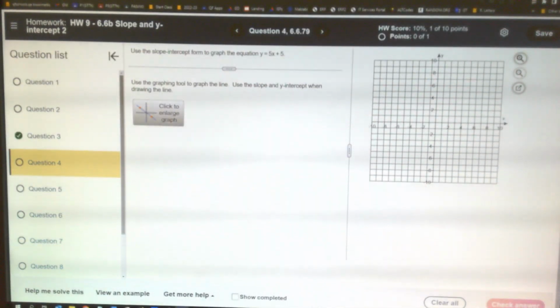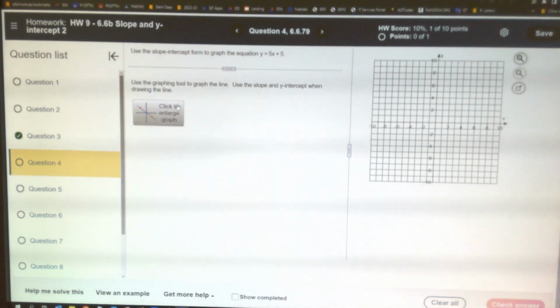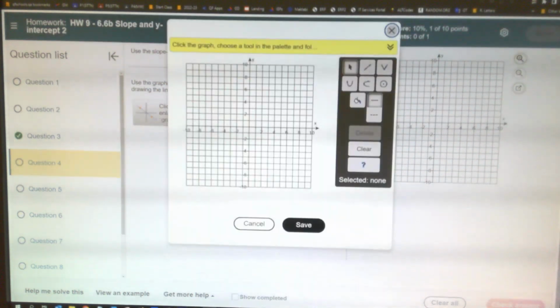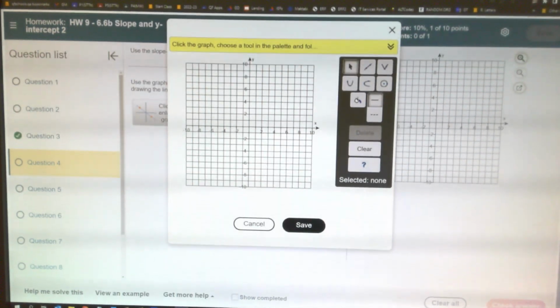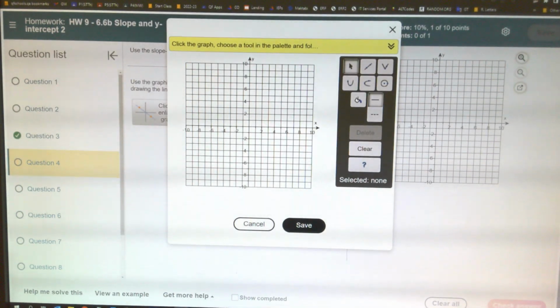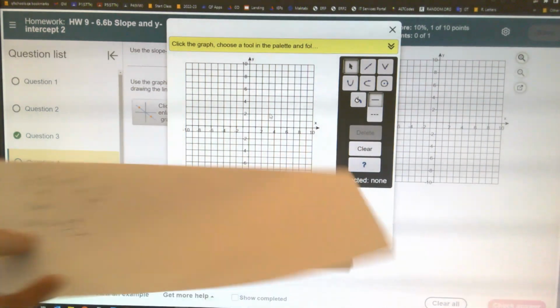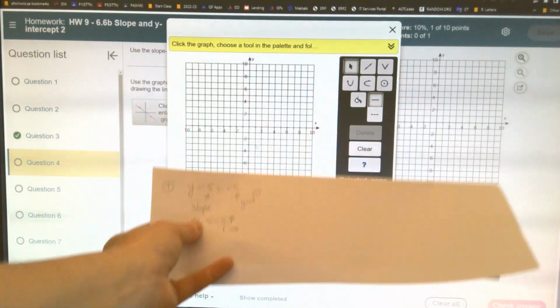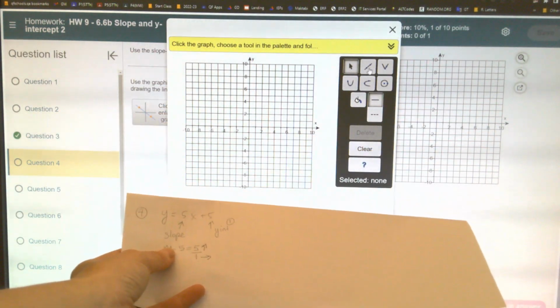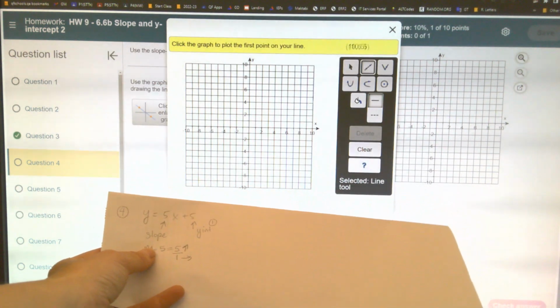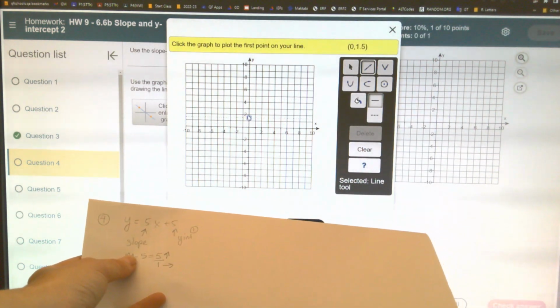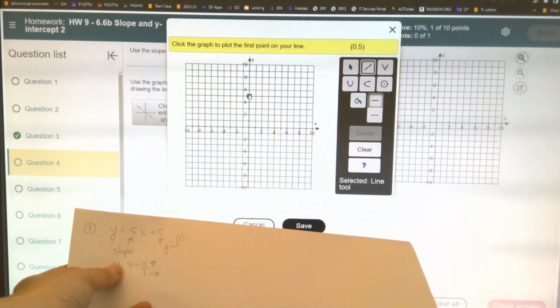Let me make this more focused maybe. That's a little better. So, the y-intercept is 5. Here's my y-axis. I want to make a straight line, so I click there. I go up 5 because it's positive 5. Click.